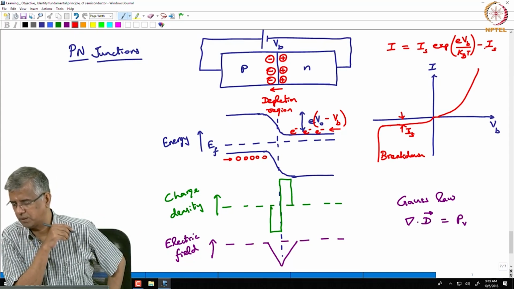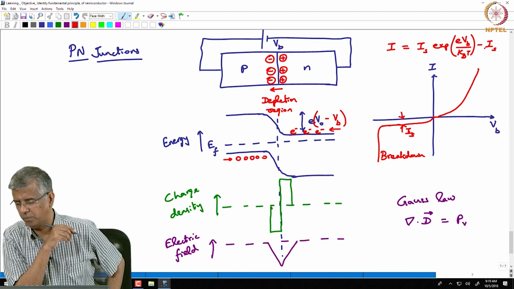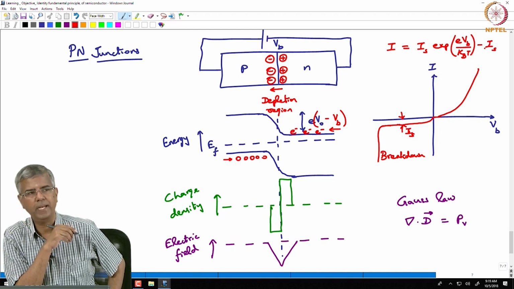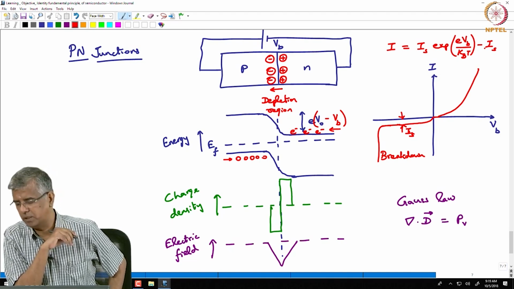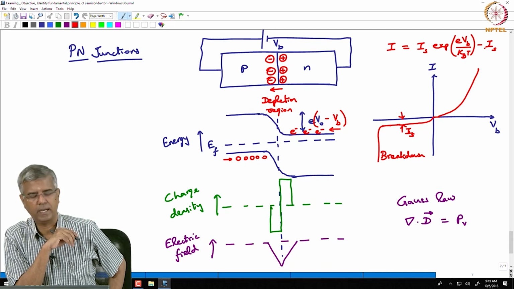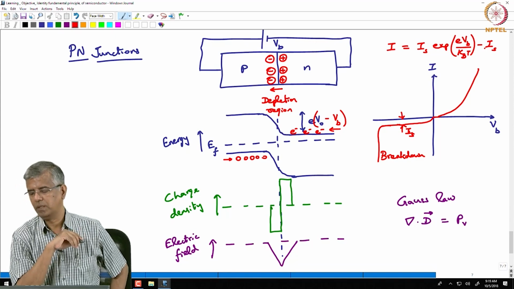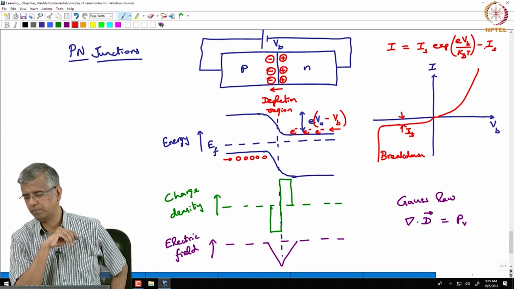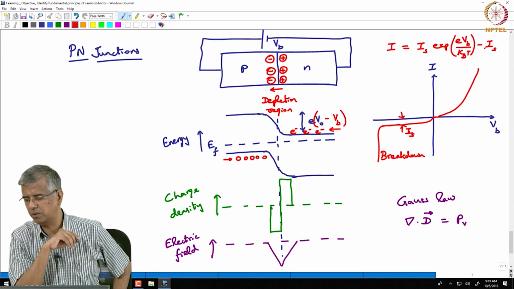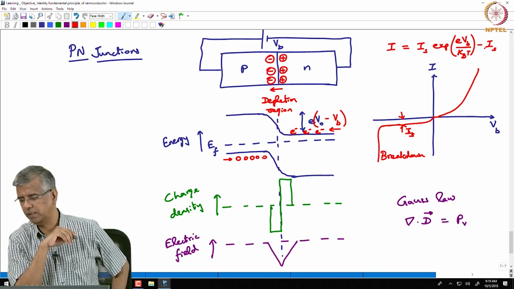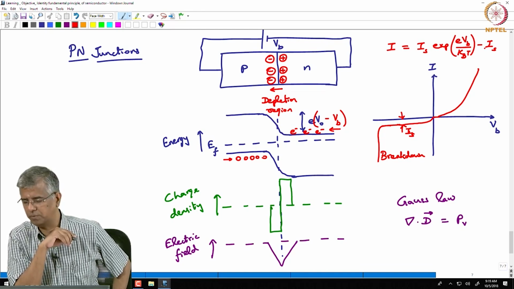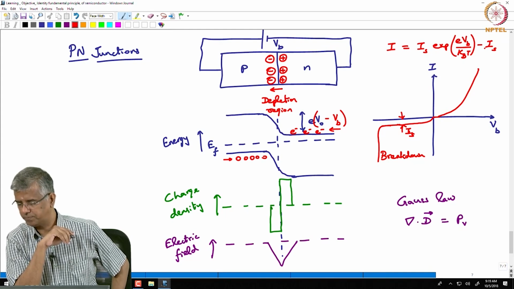So, that is what we have here, and when we have a very large reverse bias, a very large negative voltage Vb, then the first term essentially goes to 0, and all you have is the reverse current Is.